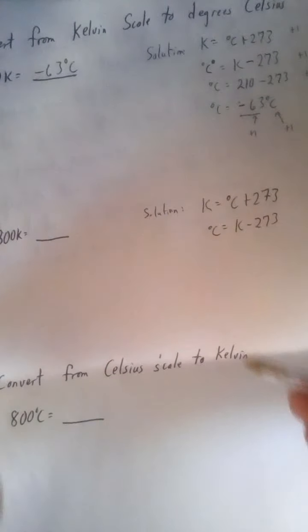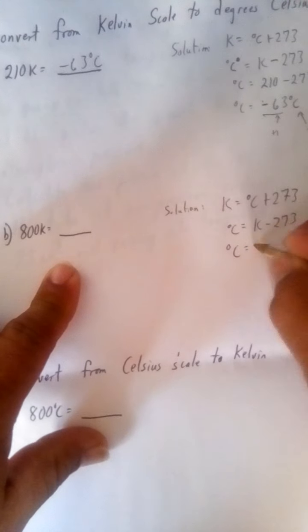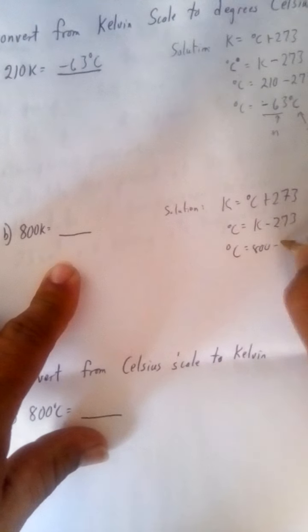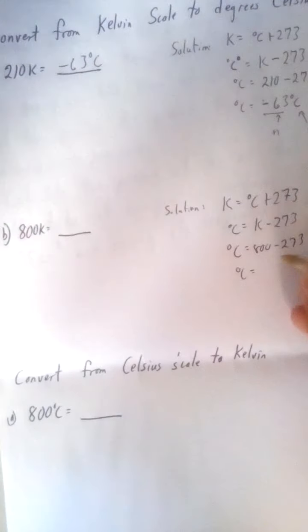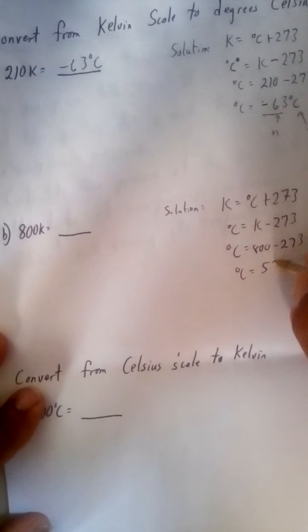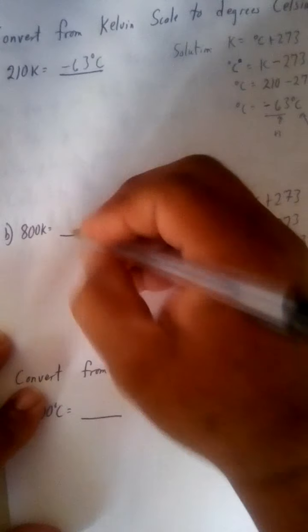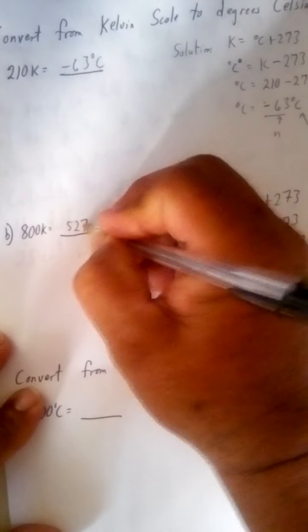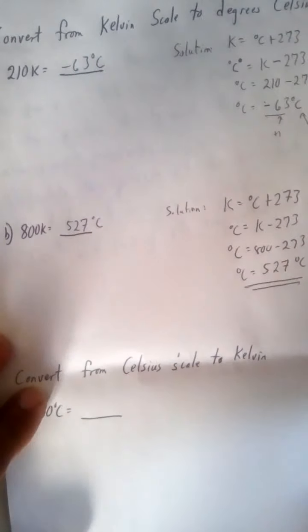Okay, so now you will substitute the value of Kelvin and put degrees Celsius equals 800 take away 273. Degrees Celsius is equals, then when you subtract this you end up with 527 degrees Celsius. That's your value. You're going to put here now 527 degrees Celsius. Okay, that's for the conversion part of Kelvin to Celsius.